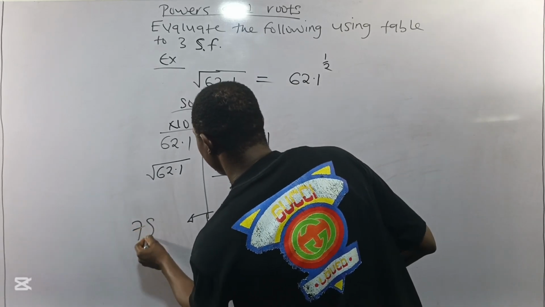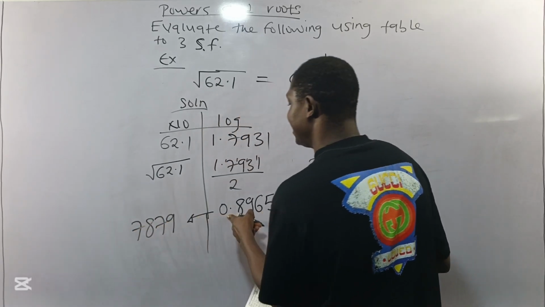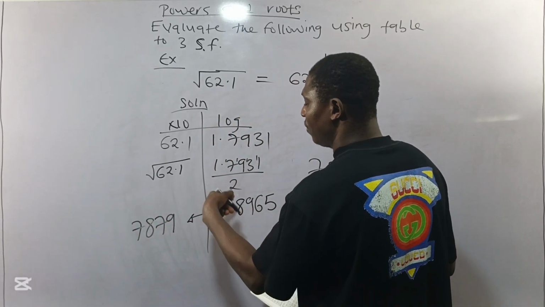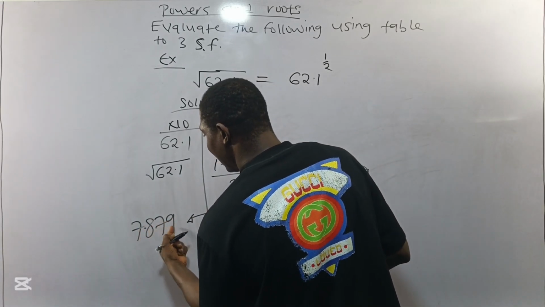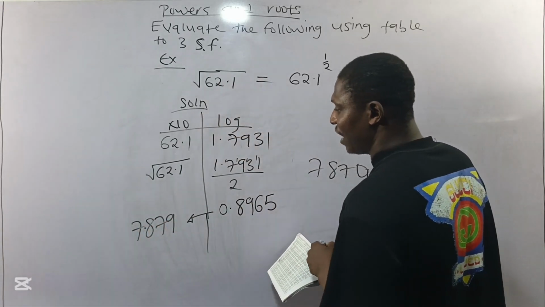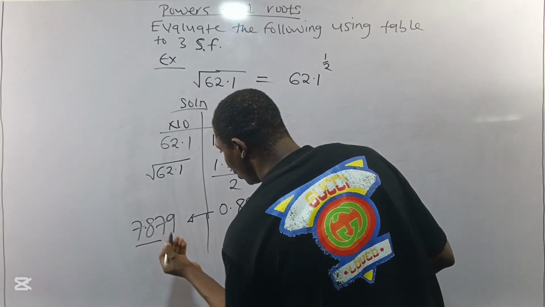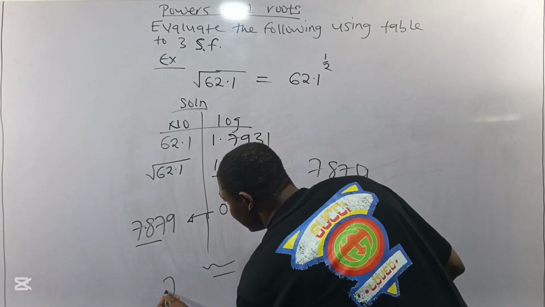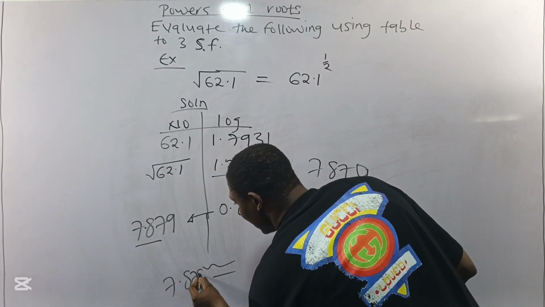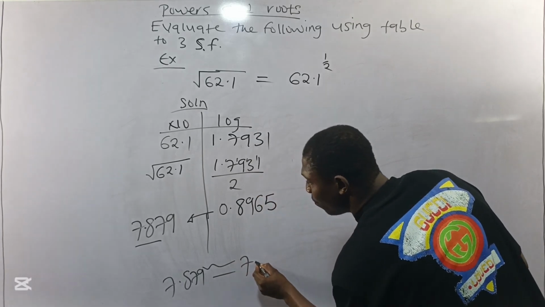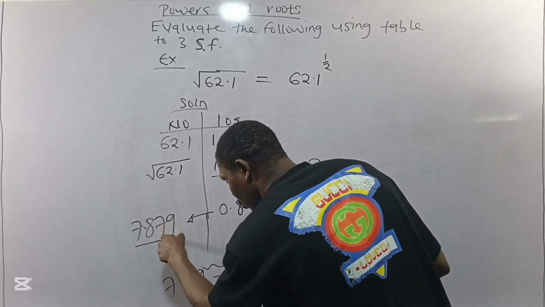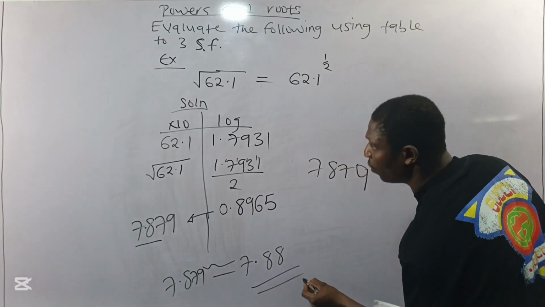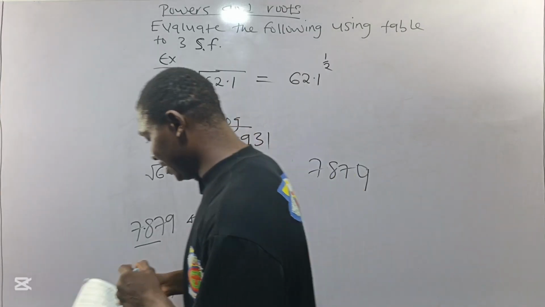So we have 7879.0. If I add 1, it will give me 1. So I have 7.879. And to 3 significant figures, they just want to see 3 values. 7.879 will become 7.88 because 9 is greater than 4. So I add 1 here, 8. And this is my answer to the solution of this.